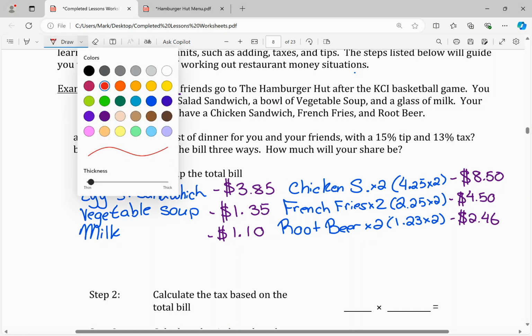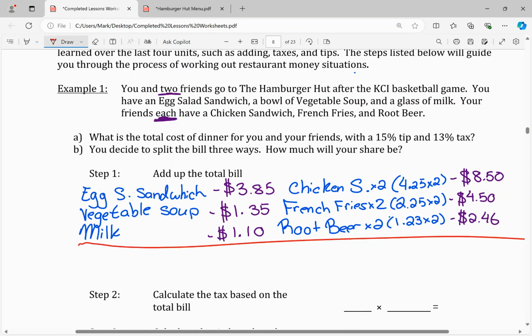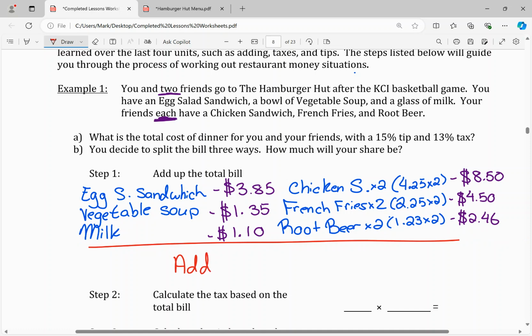So what we're going to do is we're going to add all of these numbers together. You can do so by hand, or as usual, you can use a calculator in this unit. We are going to add the bill for a subtotal. I should be writing subtotal over here.